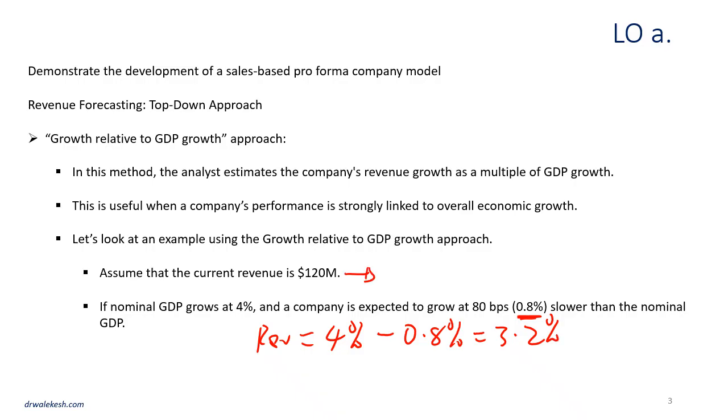Since we were told here that the current revenue is $120 million, that implies that the forecasted revenue would be $120 million times 1 plus 0.032, and that should be equal to $123.84 million.